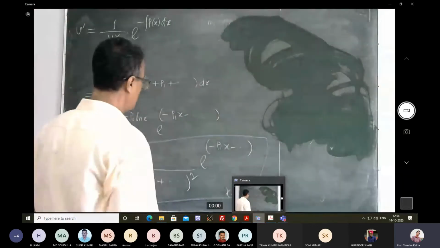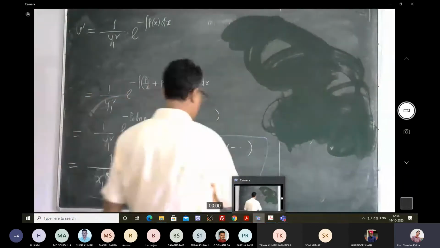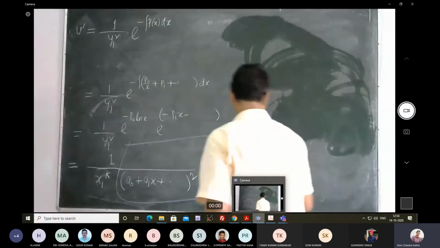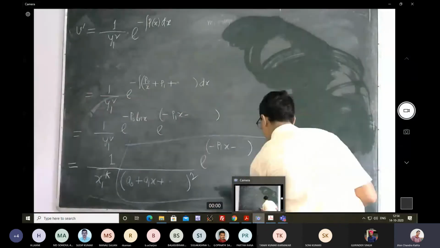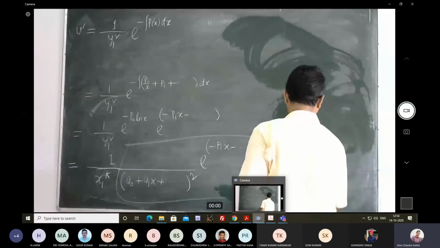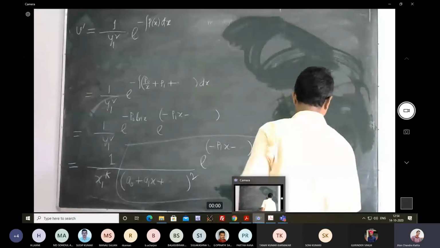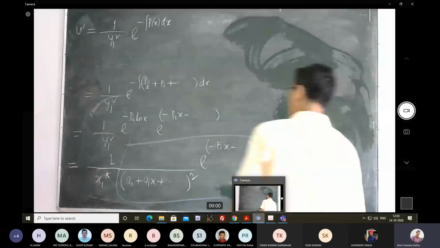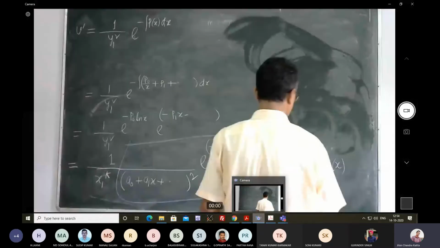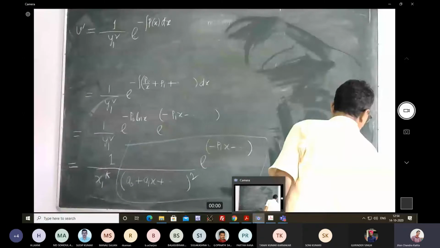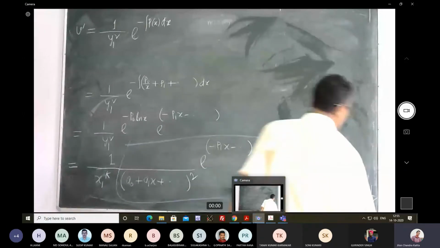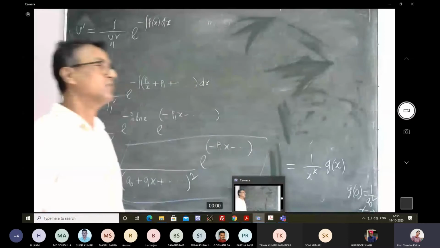So I'm going to write it as something like, this is equal to 1 by x to the power k g of x, and of course your g of 0, you will see that is 1 by a naught square, and this is not equal to 0.